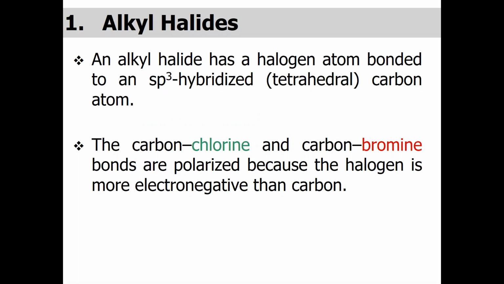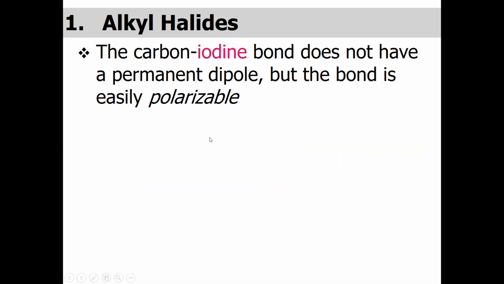Now let us see the other alkyl halides, when carbon is bonded with chlorine or bromine. In case of alkyl halide, the bonds are a little bit polarized because of the electronegativity difference. While in the iodine case, it has the same or equal electronegativity, because carbon and iodine both have 2.5 electronegativity.